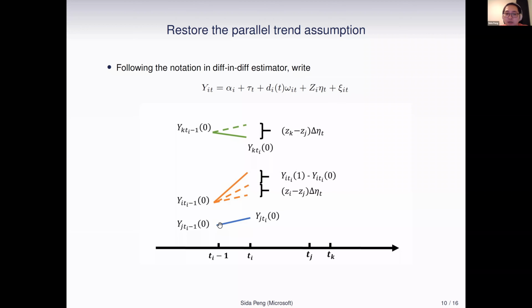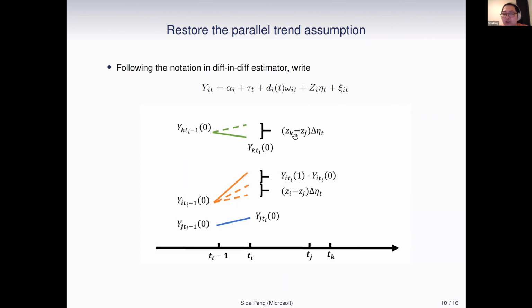If we observe a different trend in the growth of individual J and individual K, then this difference must be due to this additional component in the error term. With some algebra, you can see that if we use J as a parallel trend for individual K, the difference will be accounted for as Vk minus Vj multiplied by delta eta t, plus some error term. Let's ignore the error term for now and just focus on the factor part.